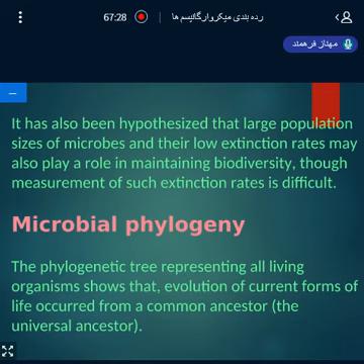It has also been hypothesized that large population sizes of microbes and their low extinction rates may also play a role in maintaining biodiversity, though measurement of such extinction rates is difficult.